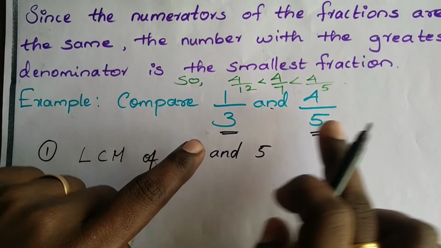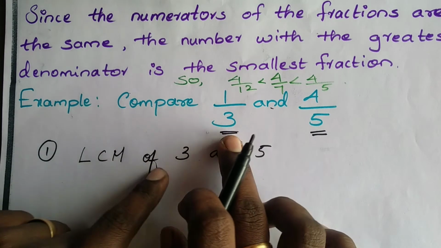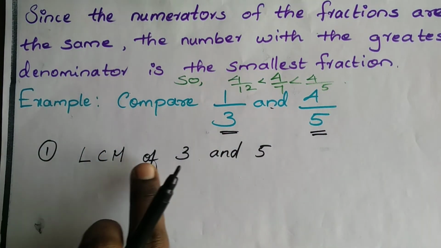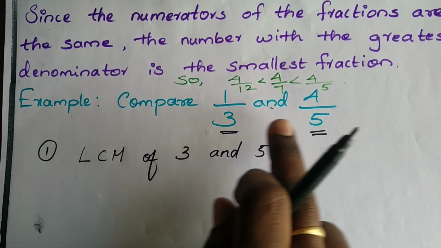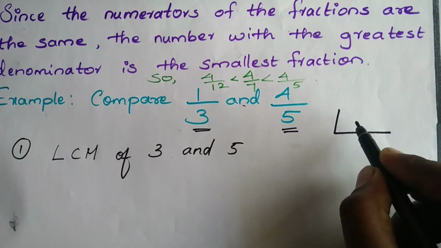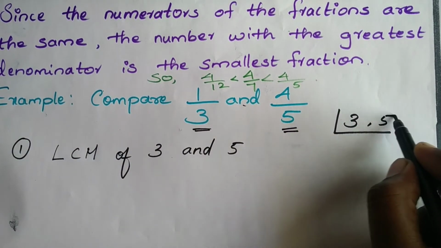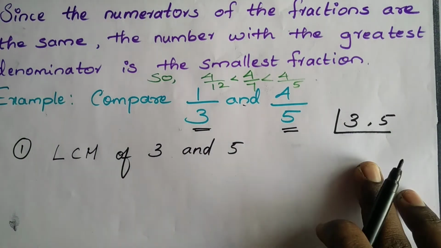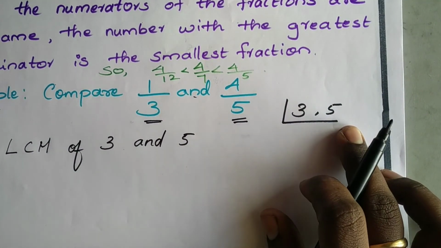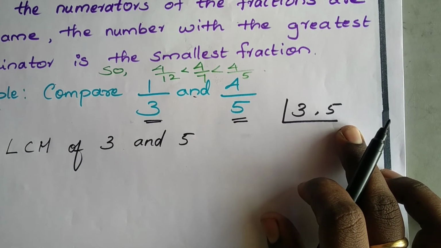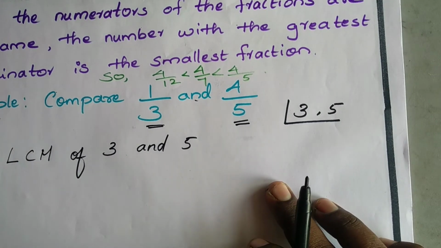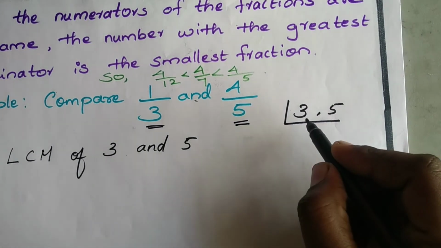Here both are unlike fractions, so the first step is to find the LCM of the denominators 3 and 5. Take 3 and 5 together. We can use prime numbers for the LCM: prime numbers 3, 5.